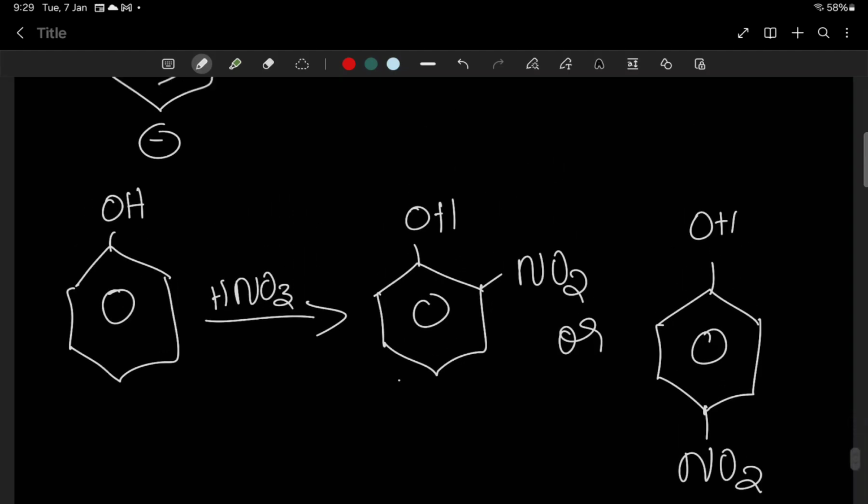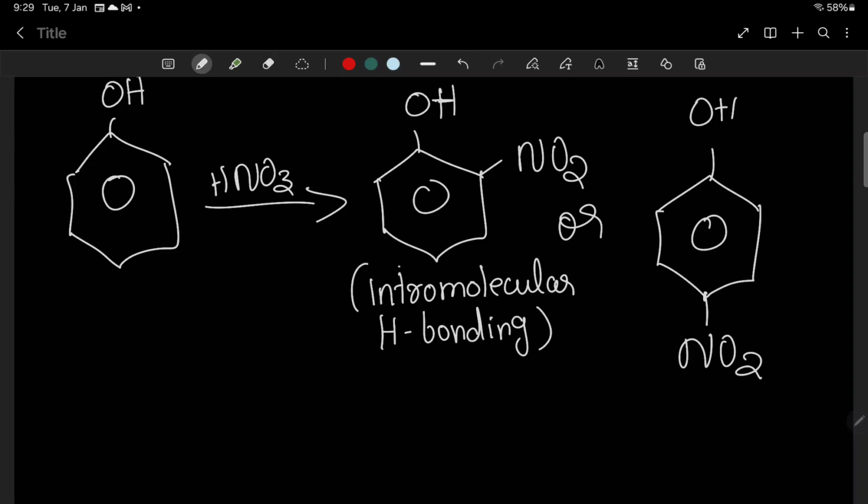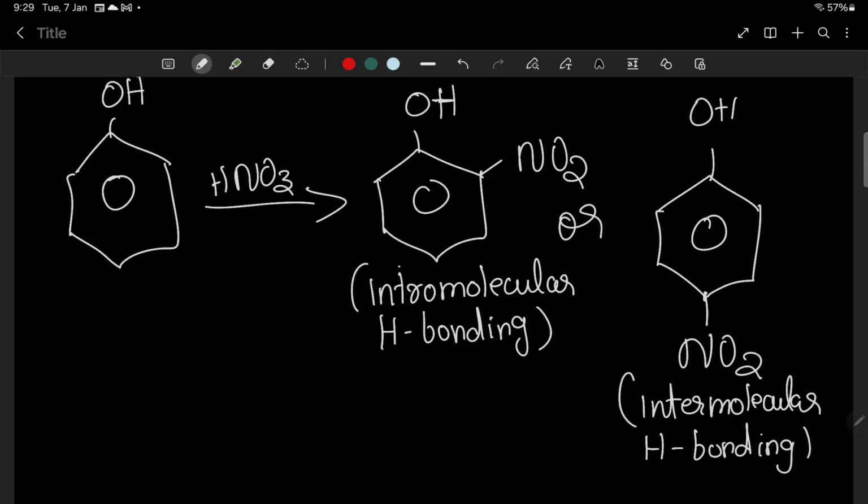The speciality is that ortho nitrophenol has intramolecular hydrogen bonding, whereas para nitrophenol has intermolecular hydrogen bonding. Don't forget.